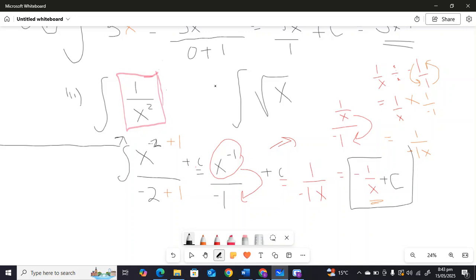Okay, colleagues, can we try a similar question to what came in the assignment. This one, the integral of the square root of x. We have to apply a law of indices.